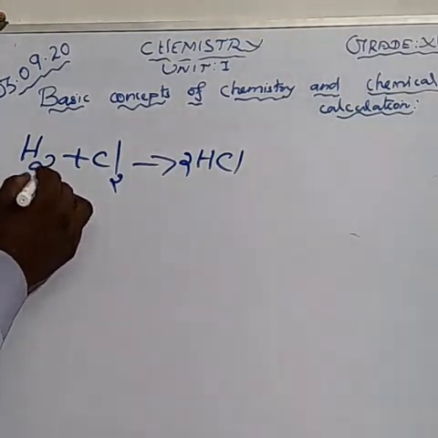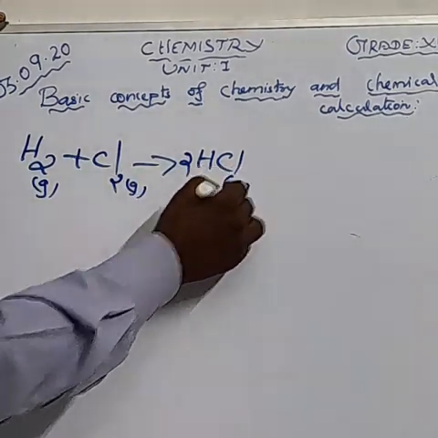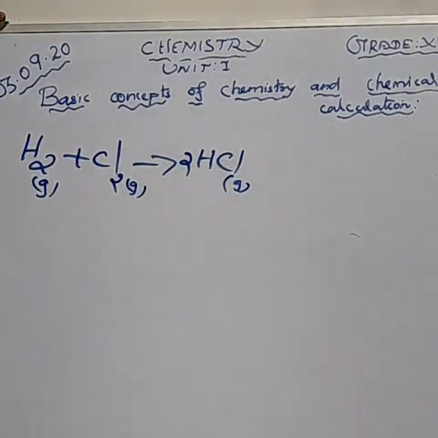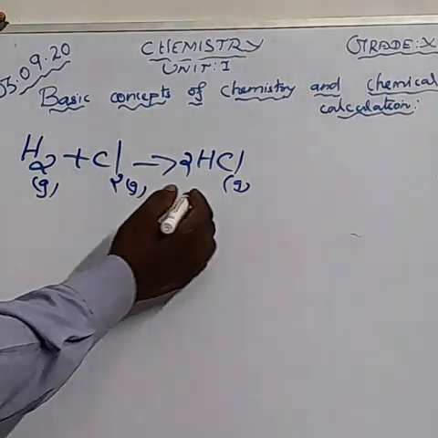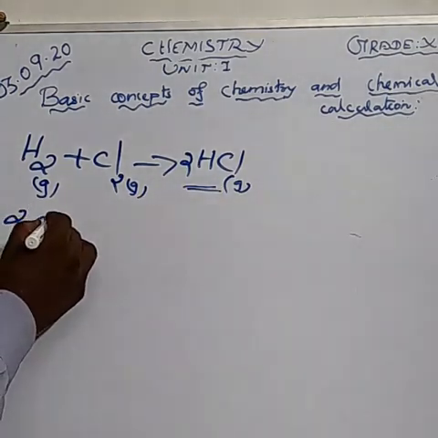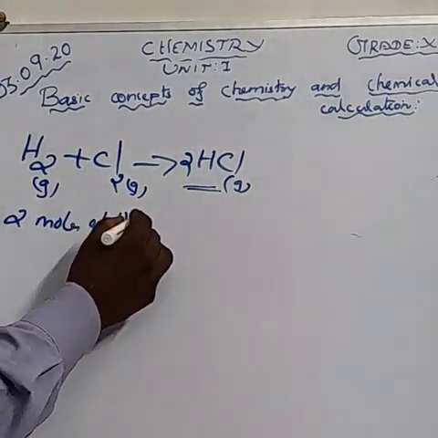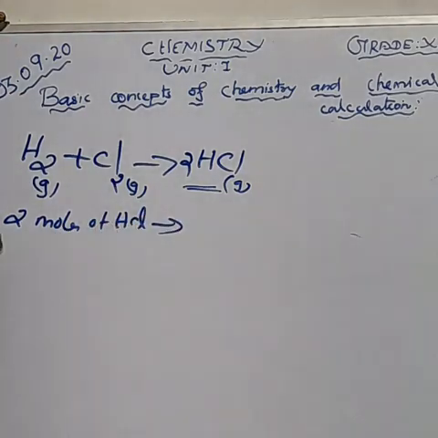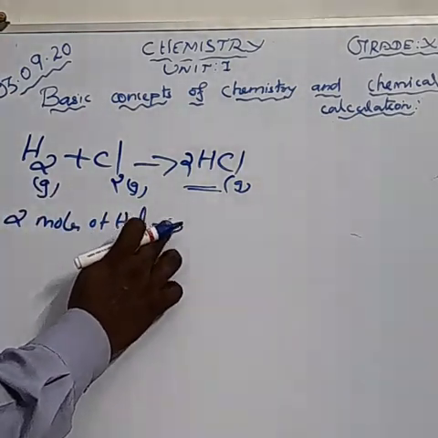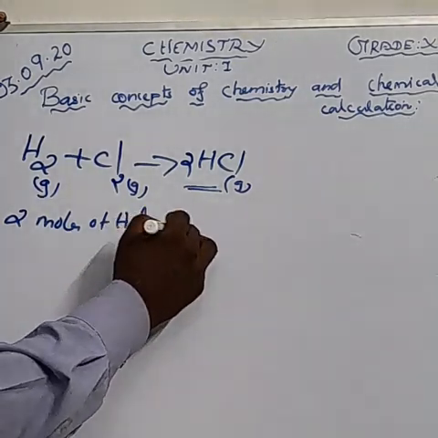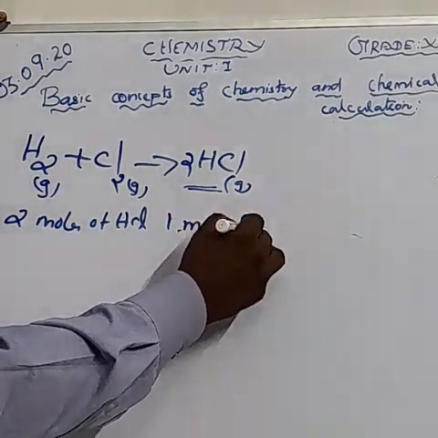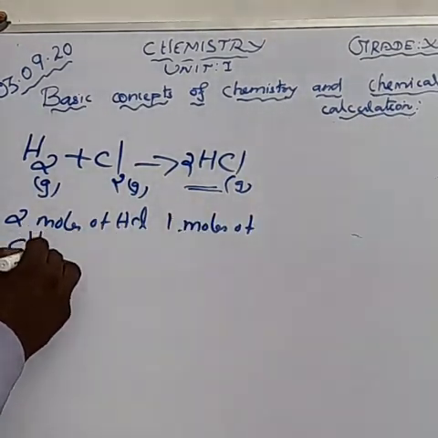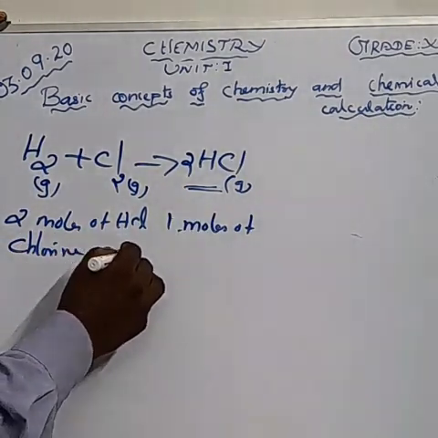Here these are all in the gaseous state. As per the stoichiometric equation, under the given condition, to produce 2 moles of HCl, 1 mole of chlorine gas is required.